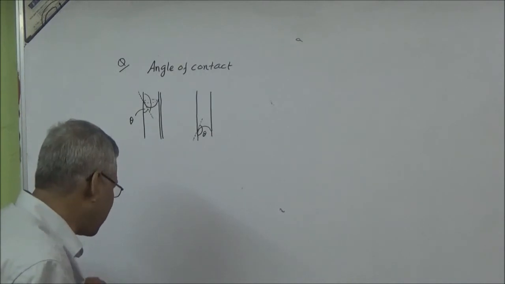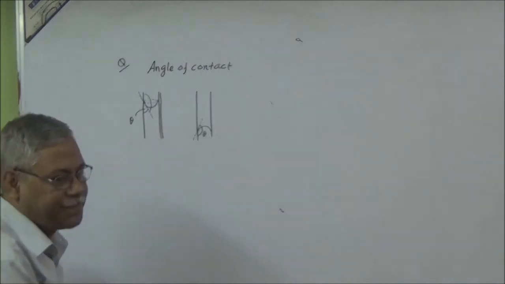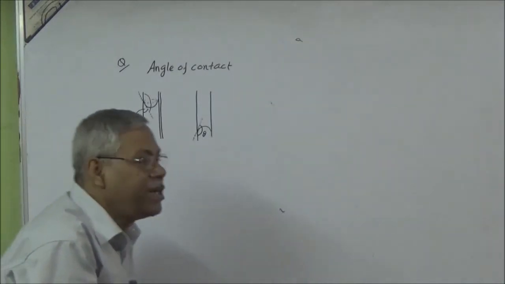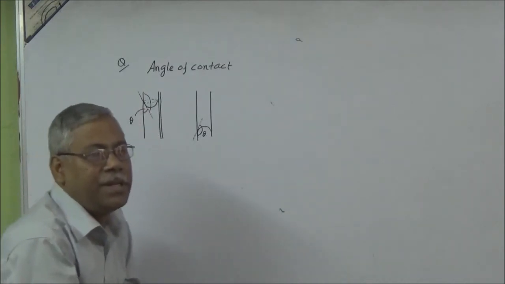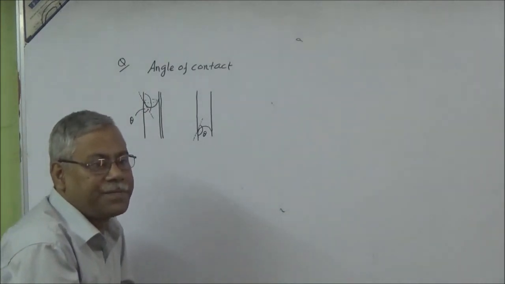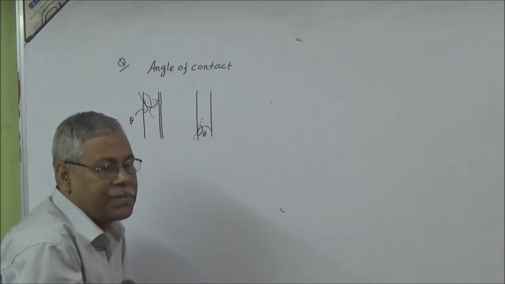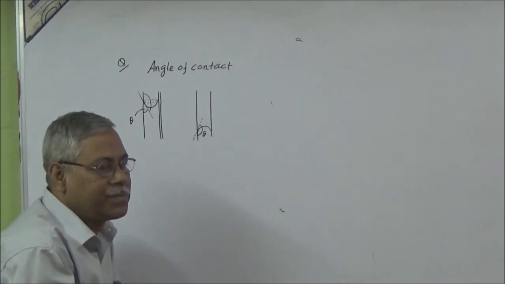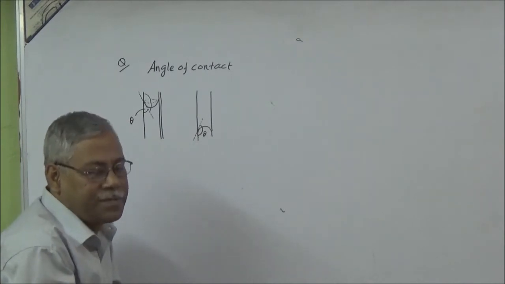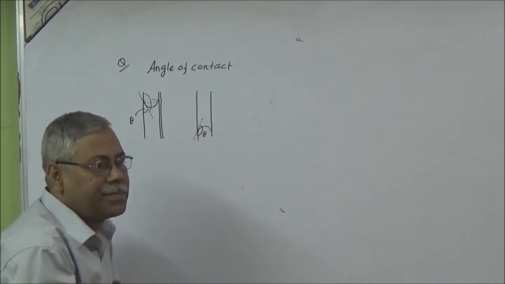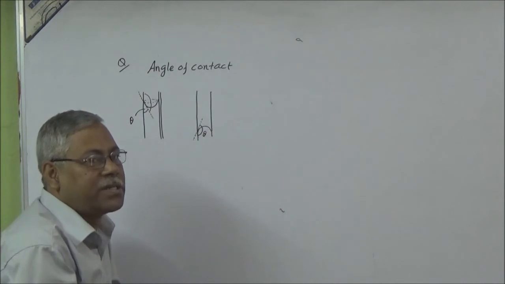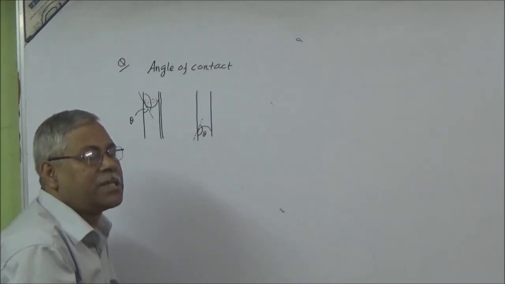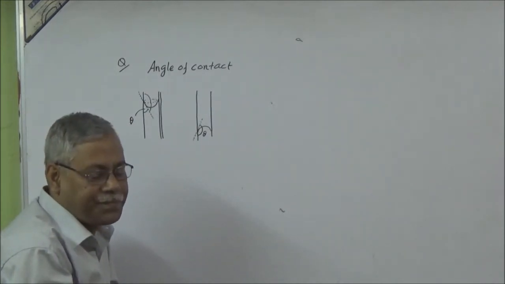A tangent is drawn to the meniscus at the point where it touches the surface of the capillary.